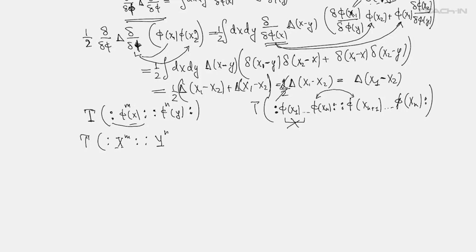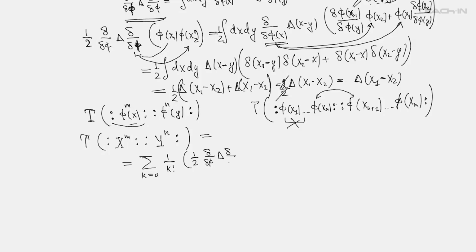And I apply the functional formula. So I expand the exponential, 1 over k factorial, and then there is 1/2 delta delta phi, the propagator delta delta phi, to the power k.